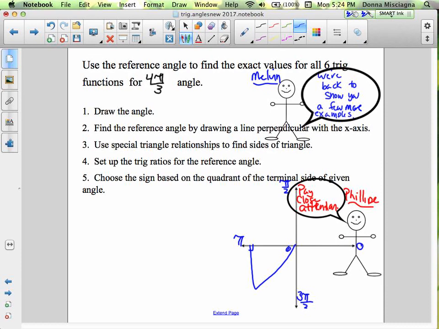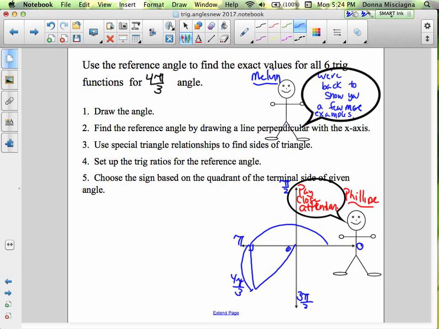All right, so now we want to plug in our values. Let's figure out how many degrees theta is. If I go this far, it's pi. If I go this far, it's 4 pi thirds.